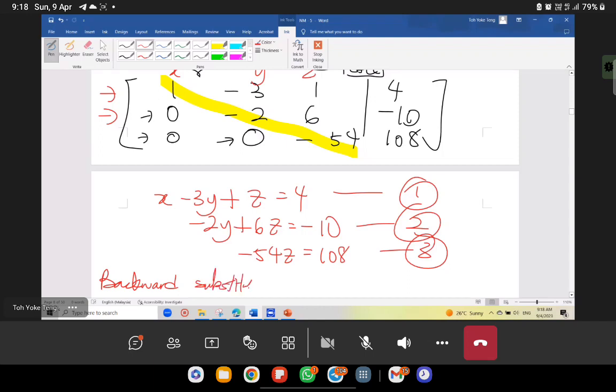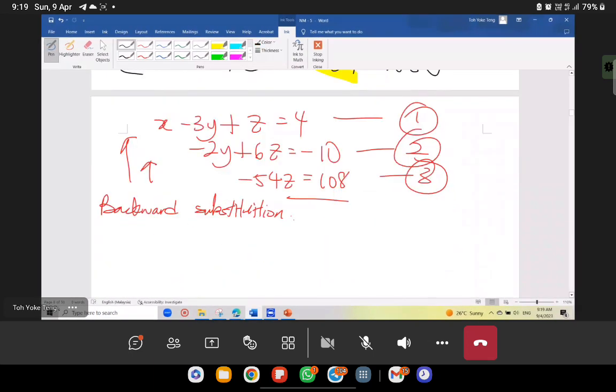How do I know that this one is the backward substitution? Since it refers to the last row, the last equation here, in order to get the previous one and also the previous two equations. So from the third equation, you know that z equals 108 over negative 54, which is negative 2.